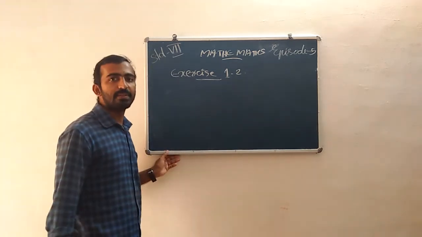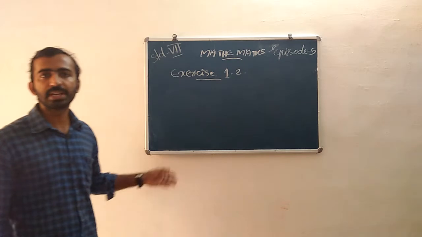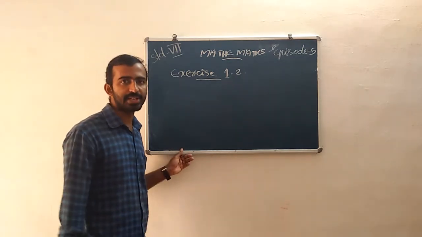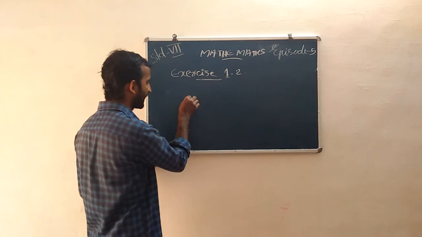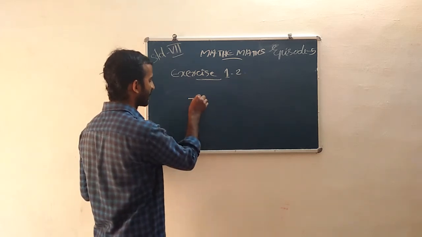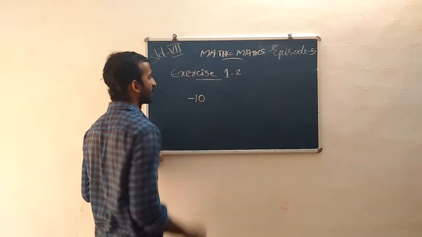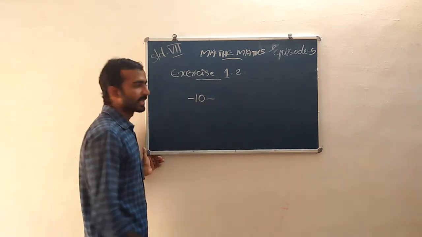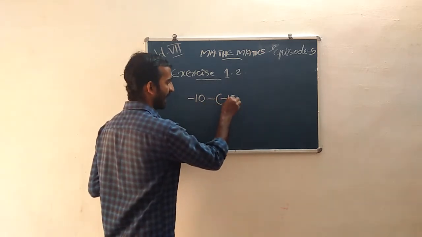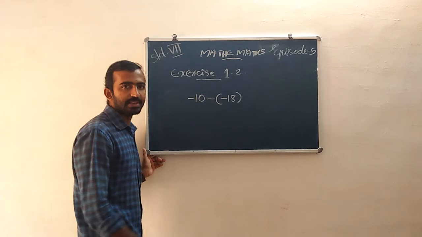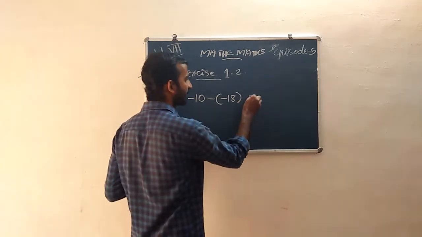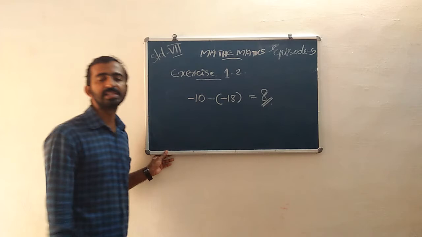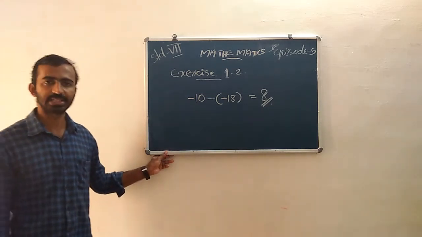When we take the difference, we want to get positive 8. That is, we can take negative 10 minus negative 18. Then what answer do we get? 8. Is it correct? Yes, it is correct.